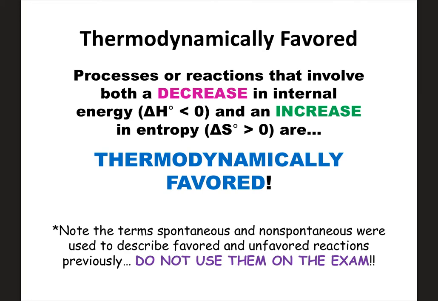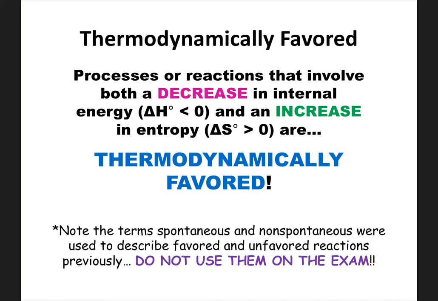All right, essentially, we kind of already mentioned this. A negative delta H and a positive delta S are preferred in nature. So those reactions are considered to be thermodynamically favored. What that means is essentially they usually just happen. All right, they are favored in terms of the thermodynamics here, in terms of the energy and the entropy.